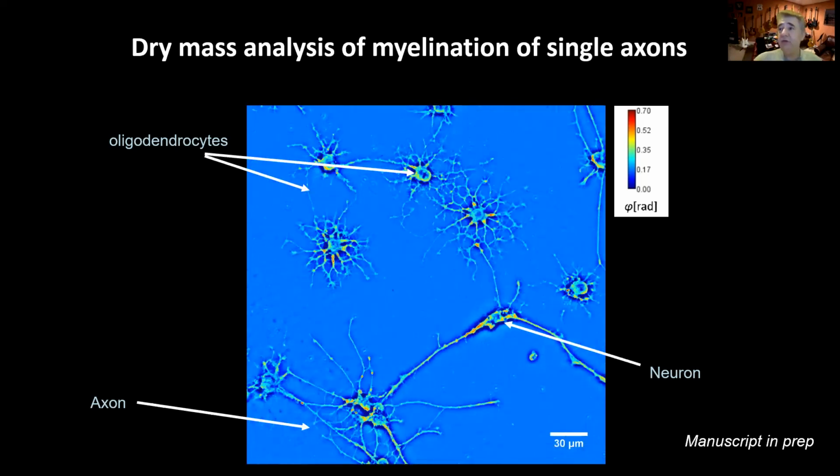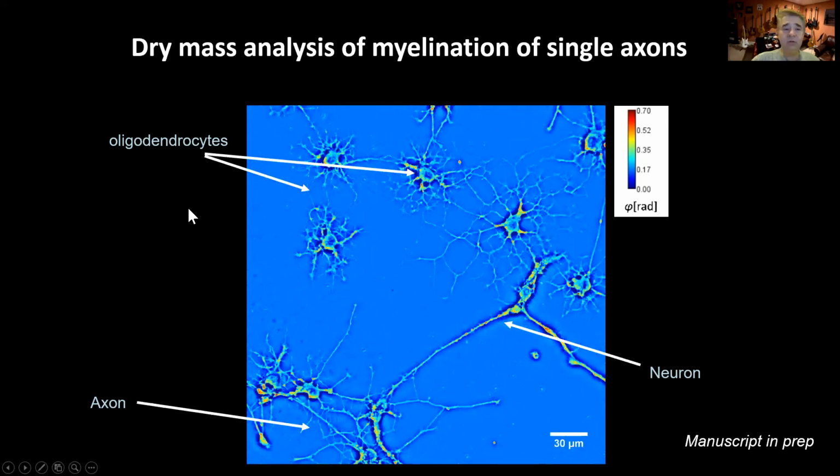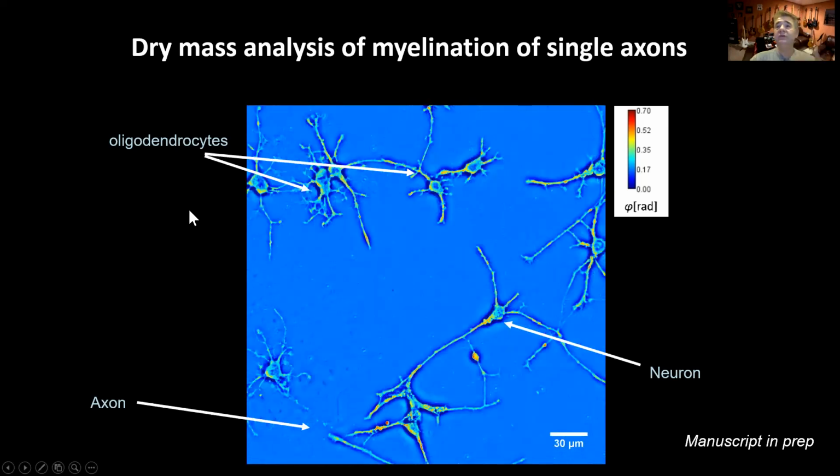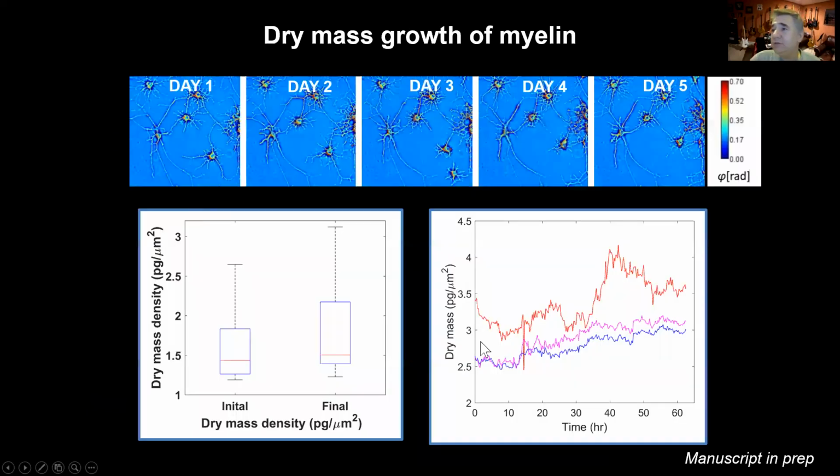And basically, before the pandemic, we were in the middle of setting up another one of these long-term experiments to confirm what we got, because what we got is this: if I analyze single axons from my image, I am able to pick up a very small increase. So we're looking at maybe a couple of nanometers a day increase in the myelin layer.